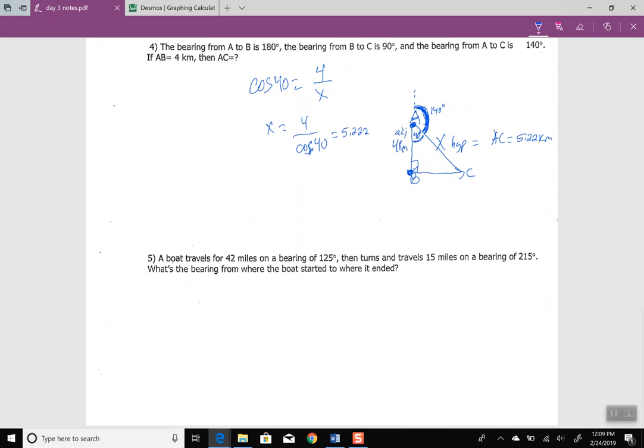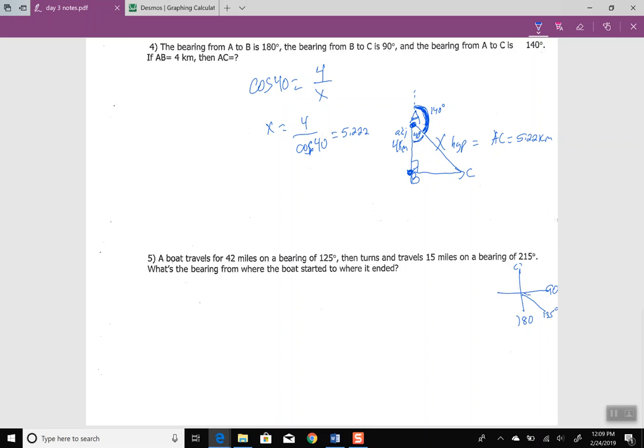And then last one. A boat travels for 42 miles on a bearing of 125 degrees. So let's see, here's 0, 90, 180, and halfway in between 90 and 180 would be 45, so that'd be 135 degrees.